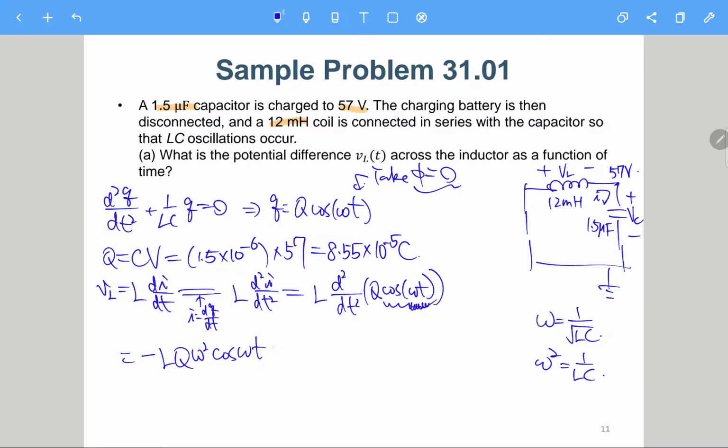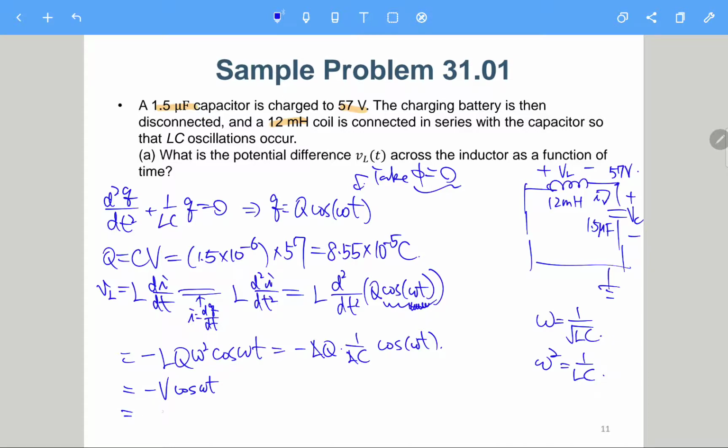So we have minus LQ times 1 over LC cosine omega t. So here L cancels, Q over C is actually V. So we have minus V cosine omega t.